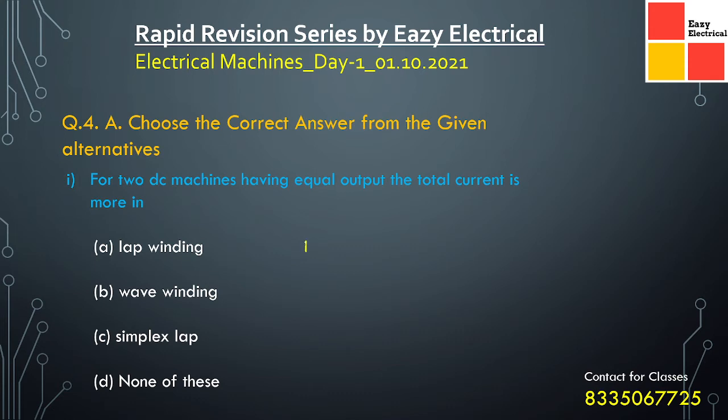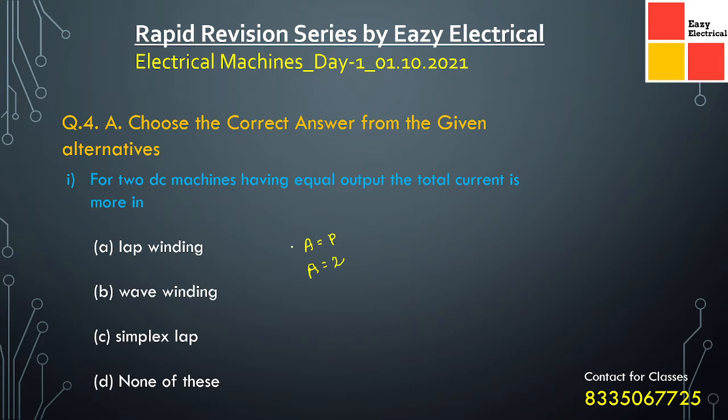in lap winding the number of parallel paths is equal to the number of poles, whereas for wave winding the number of parallel paths is limited to only 2. So here only 2 parallel paths will be provided, and here, depending upon the number of poles, the number of parallel paths will be provided.